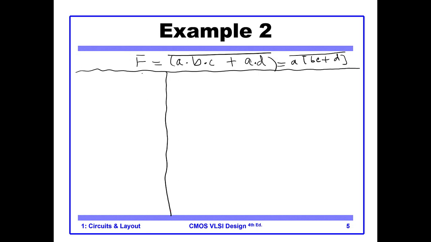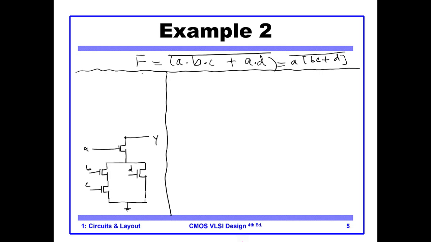So we have B and C in series, so B and C are in series, and these two are in a parallel combination with D, and the whole thing is in series with A, and we take our output from A. So this is our NMOS network.